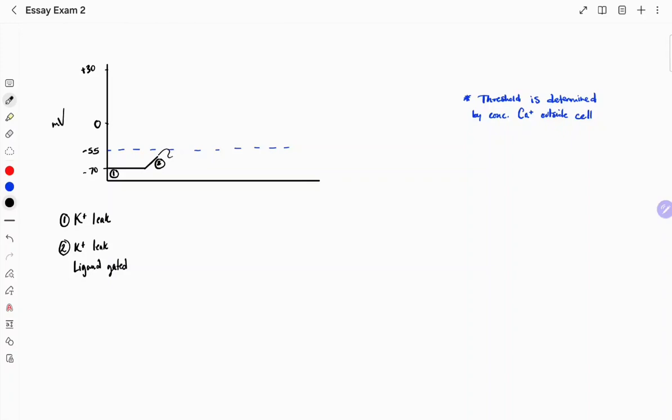So as you have a stimulus outside the cell, different concentrations of different ions that maybe are making the cell less negative, eventually that can reach a point at which it crosses this threshold.